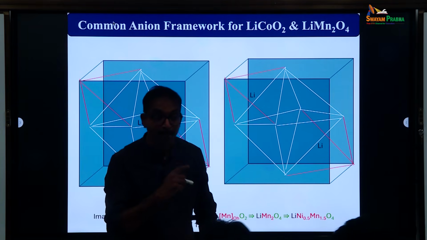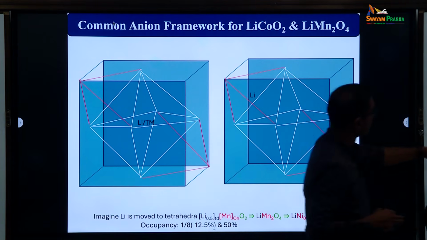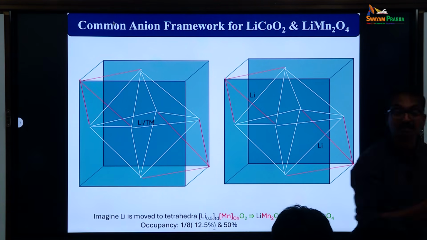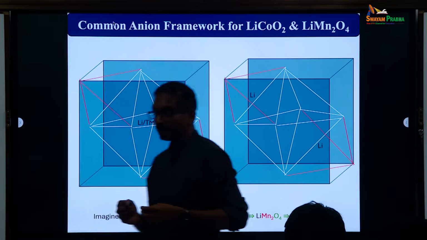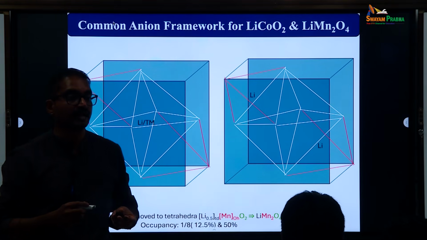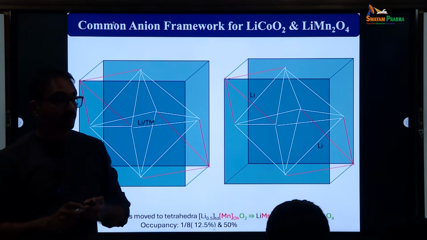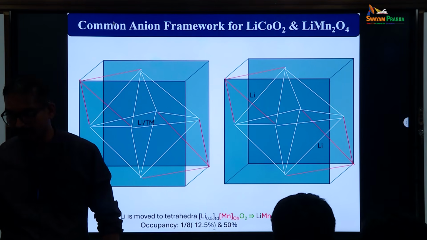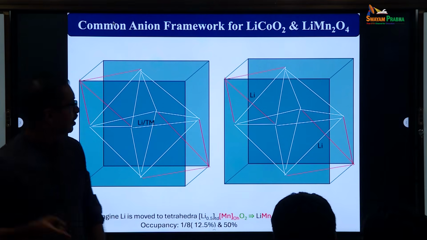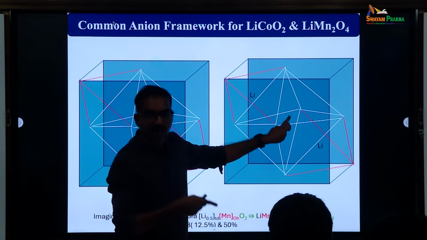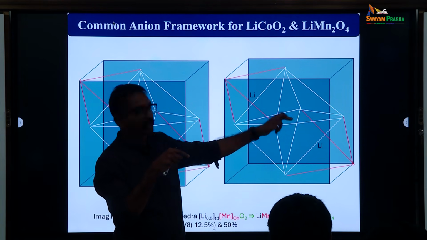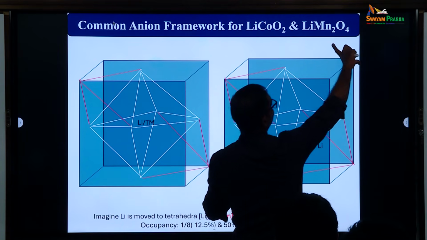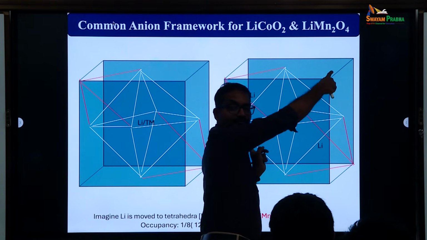But remember, in LiMn2O4, what was the occupancy in the octahedral void? 50%. That means every alternate octahedral void is empty. Correct? So this particular octahedral void now will be empty. So you have lithium here, an empty octahedral void, lithium here.